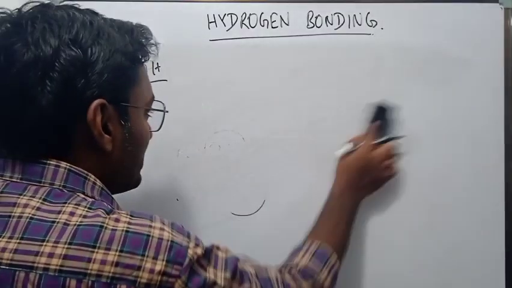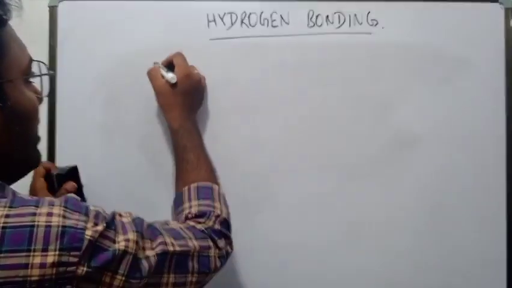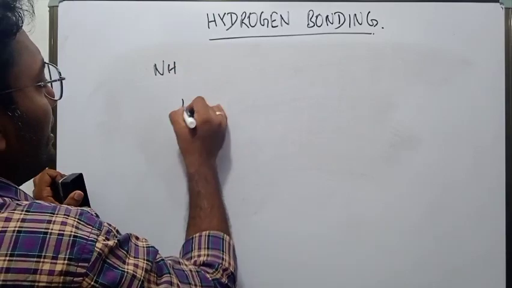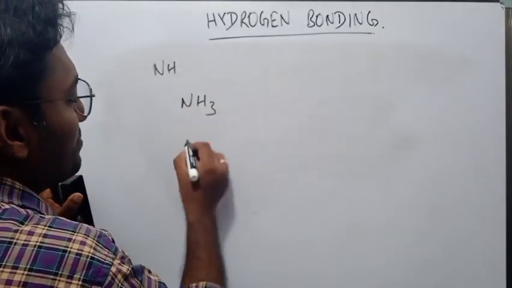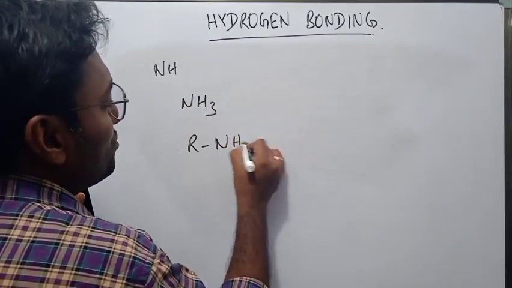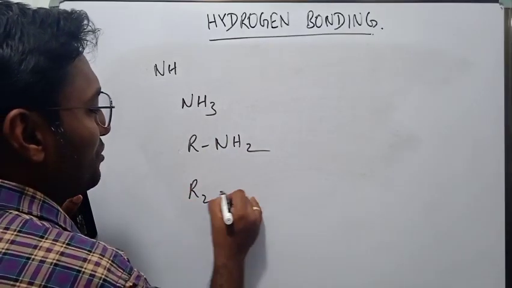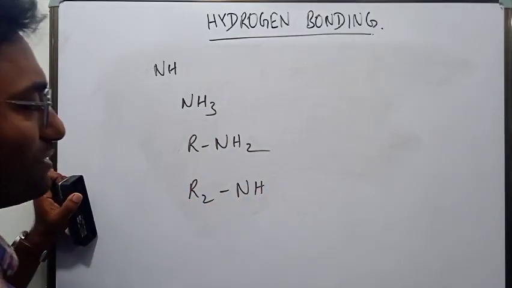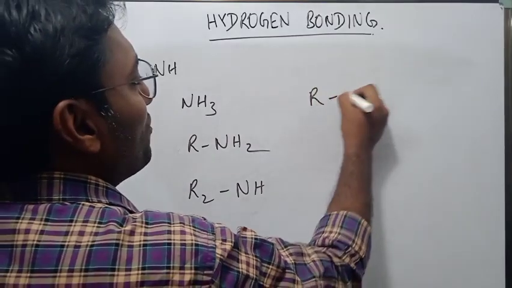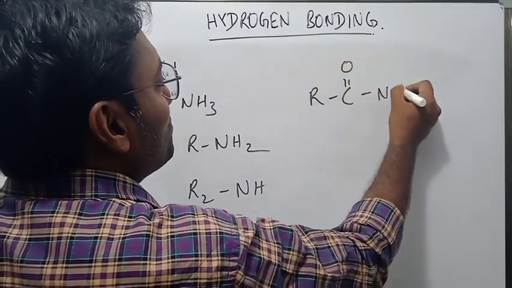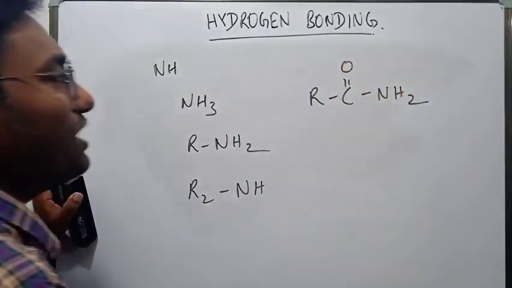Now let us see examples of NH. NH3 shows hydrogen bonding. RNH2 shows hydrogen bonding. R2NH shows hydrogen bonding. RCONH2 amides, they also show hydrogen bonding.